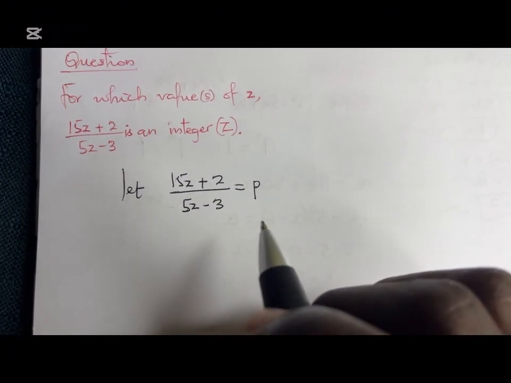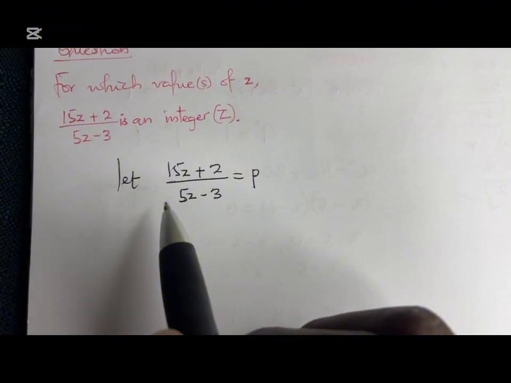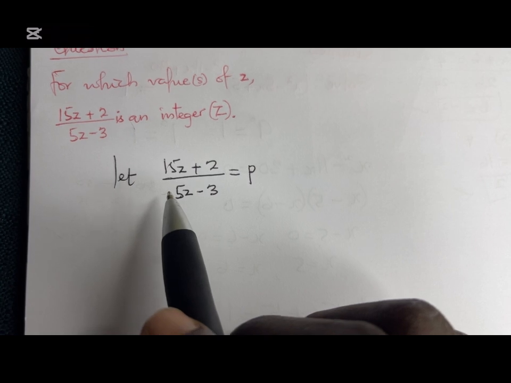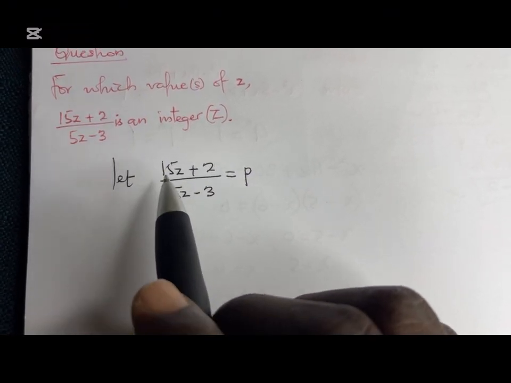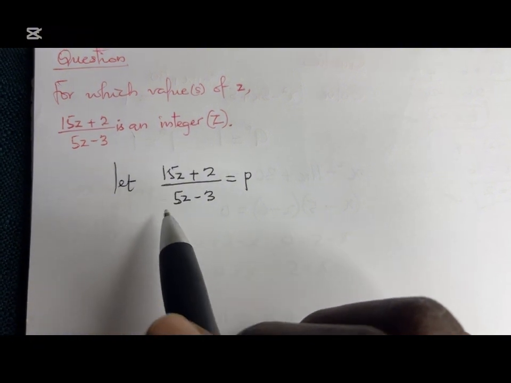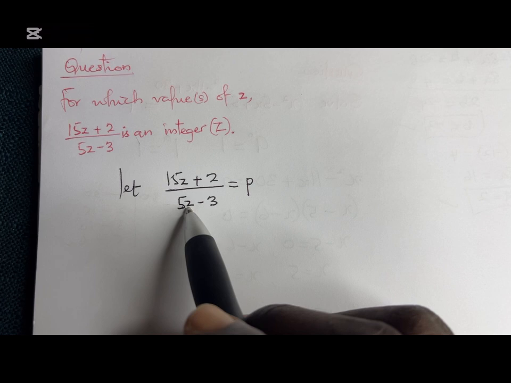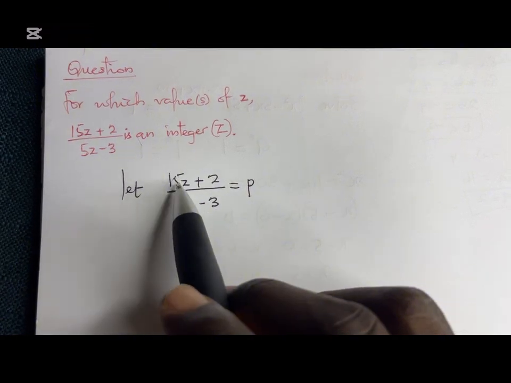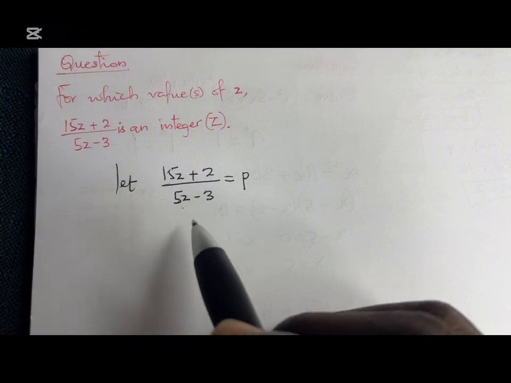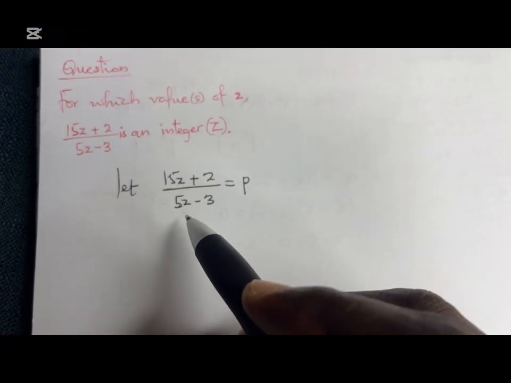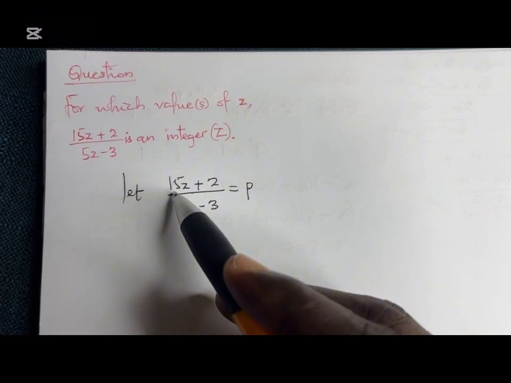To solve this easily, I suggest we make the denominator similar to the numerator. I'm using the denominator because the coefficient of the variable here is smaller than the coefficient on top, so I'm using the smaller one to meet the bigger one. Here this is 5 and this is 15.